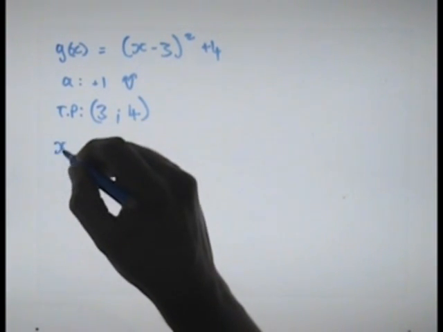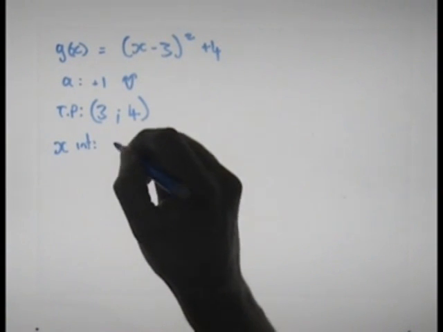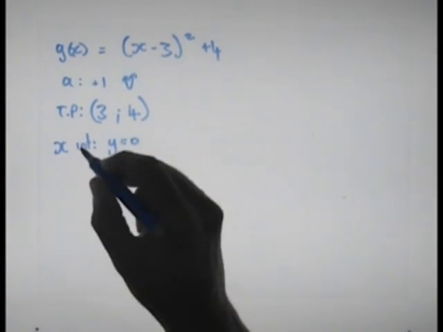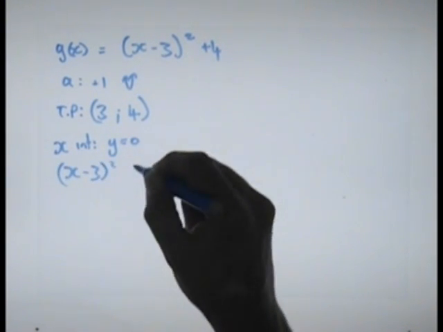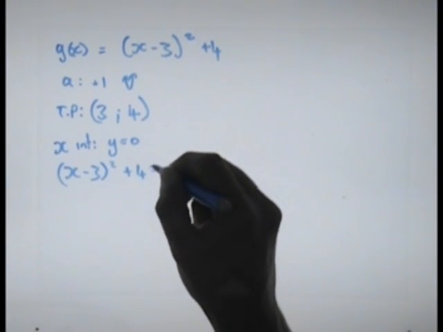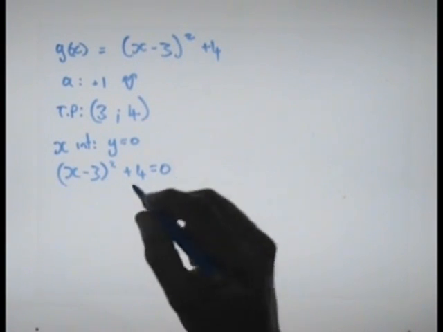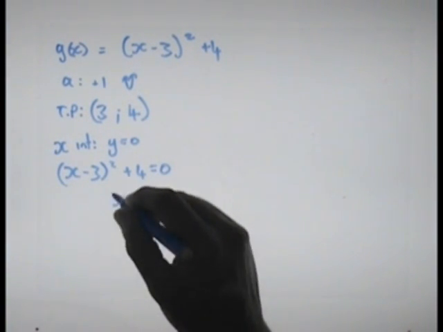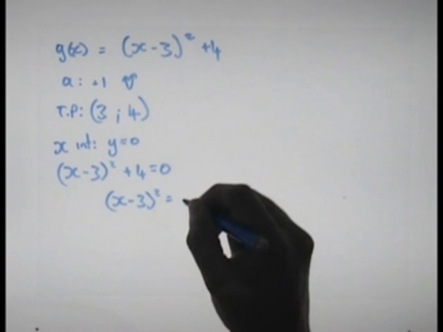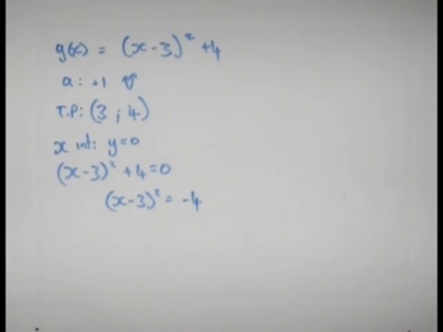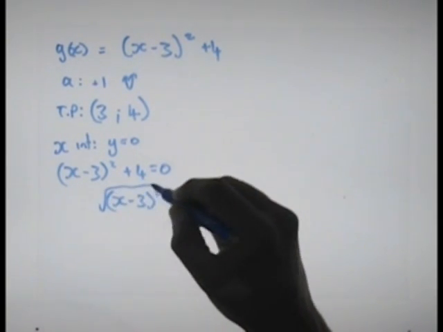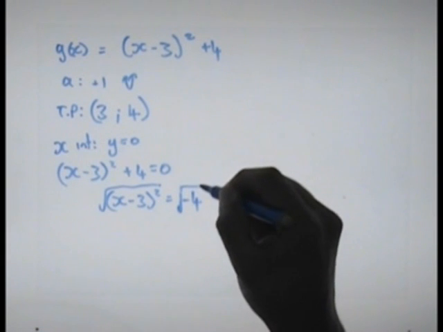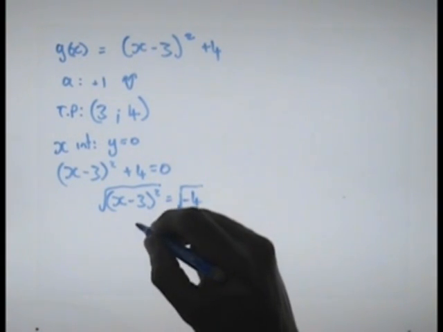Step 3, we look at our x-intercepts, and that happens when y is equal to 0. That means that (x minus 3) squared plus 4 is equal to 0. That means that (x minus 3) squared is equal to negative 4. To get rid of the squared, I square root it. What I do to one side, I do to the other. Square root of a negative is undefined.